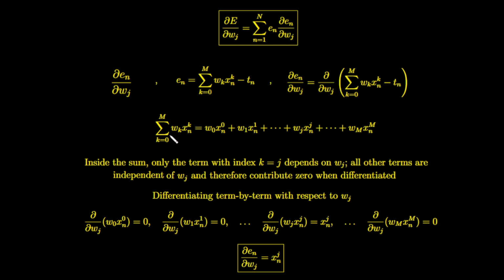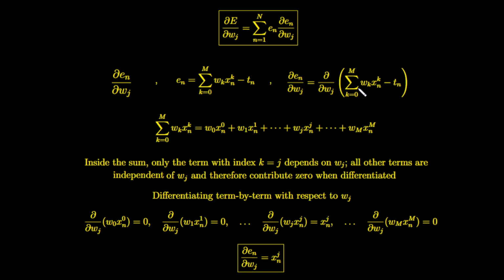And we know that the values here for our wk xn to the k can be written out in full form here, and this is our approximating polynomial.